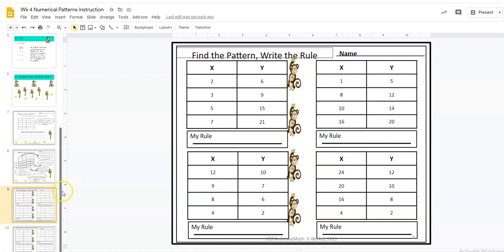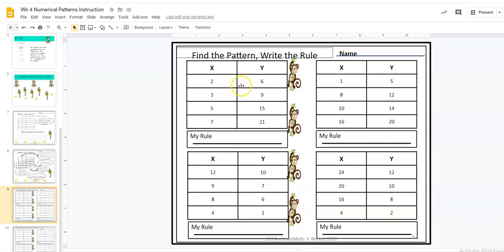Now we're going to do one example here. All right, so I want to take a look at this very first table, and I'm going to see that I'm going from 2 to 6, 3 to 9, 5 to 15, and 7 to 21. I can see that my numbers are increasing, so I know I'm either going to multiply or add the same amount to each of these terms.